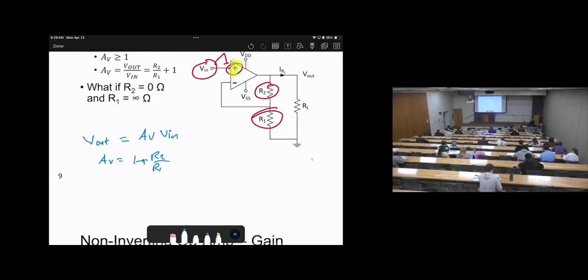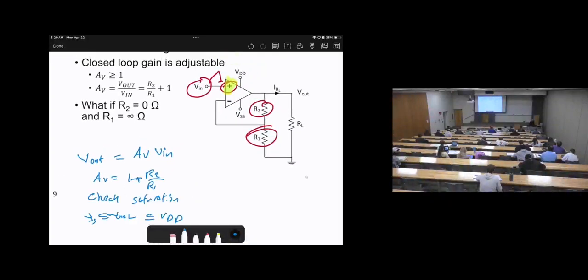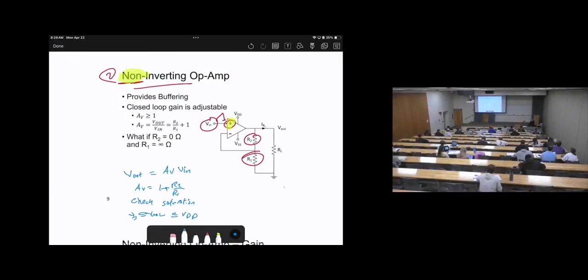After you calculate the closed loop gain and everything else, don't forget to check saturation. Here's the procedure, it's very important. Check saturation. Basically, V out must be bounded between VSS and VDD. This is a very important step. Okay? Does this make sense? So this is the second application.